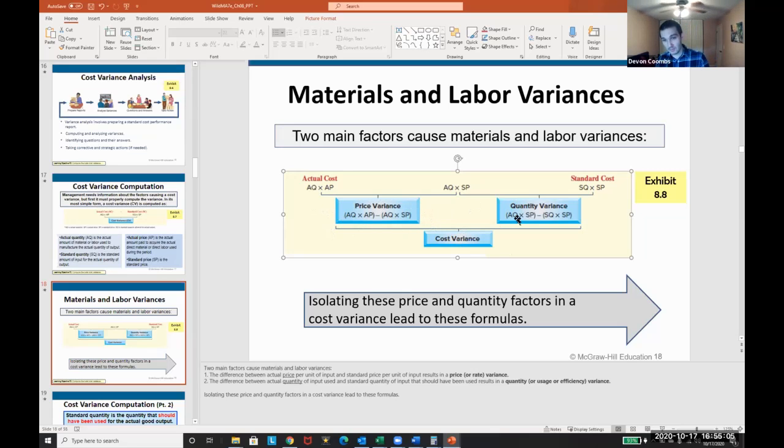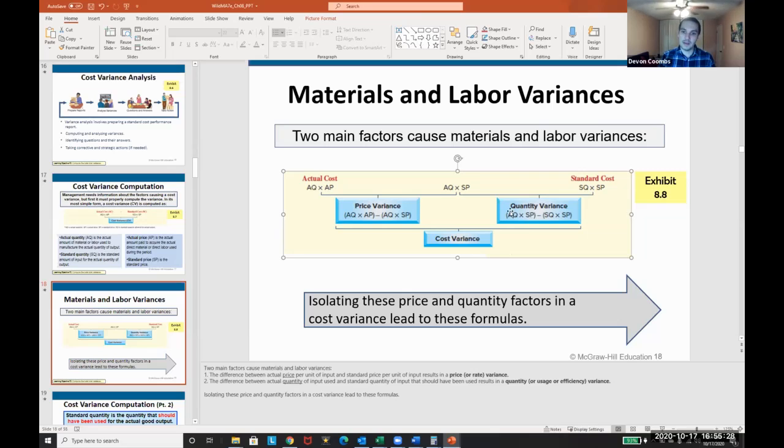You can either memorize them or logically understand them. Logical understanding here, price variance, what did we actually pay per unit versus what did we expect to pay for all the units? And then we just take the difference. And then this is what did we actually pay? What did we expect to totally pay if we were to use all the units we expected to use?